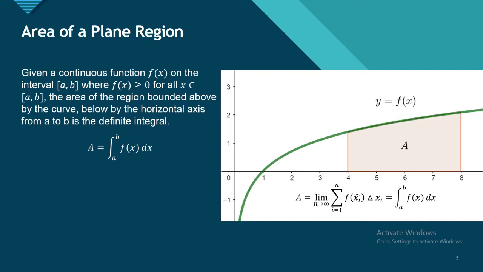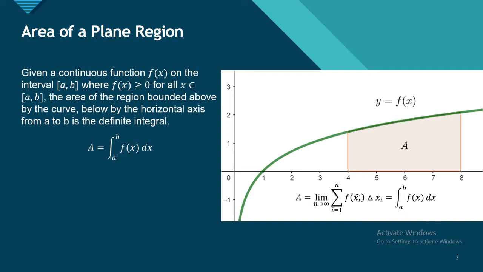Something like this happens in definite integration. We are given a plane region here represented by A, and what we do is produce a partition. When I say partition, it means to divide. So we will partition the interval into many rectangular strips.